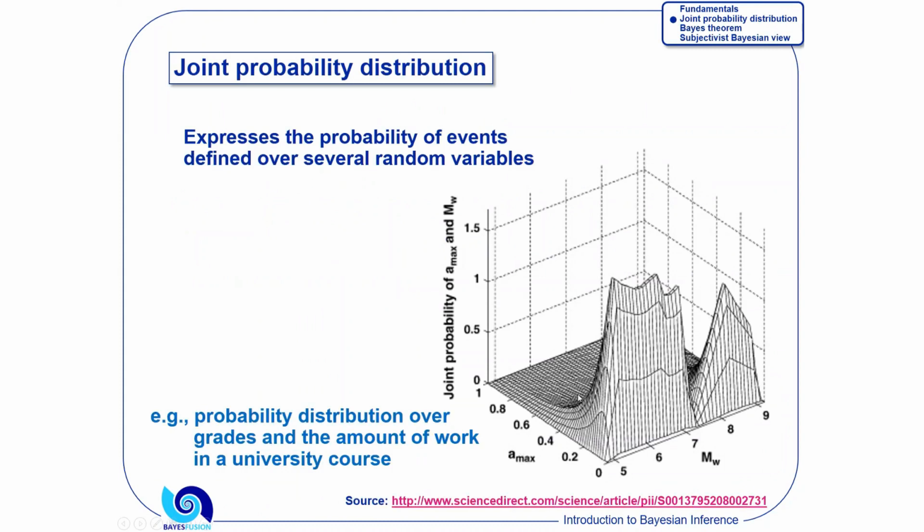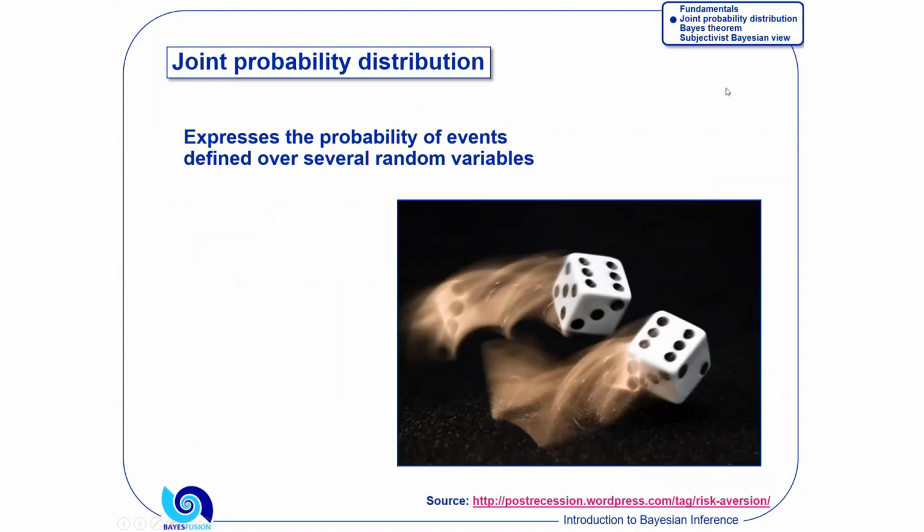You can imagine joint distributions in 2 dimensions at least as almost like a geographic map that shows you where the combinations of variables that are most likely are. Joint distributions are expressing essentially probability distribution over multiple variables.